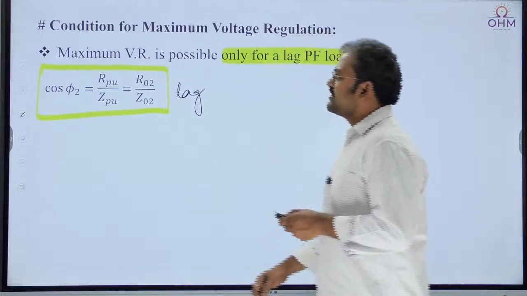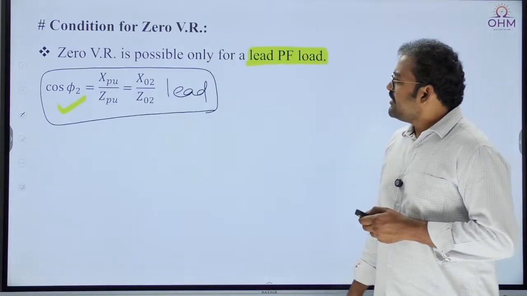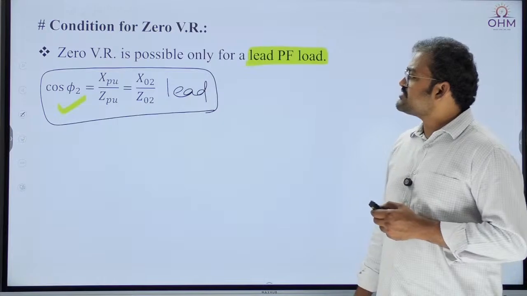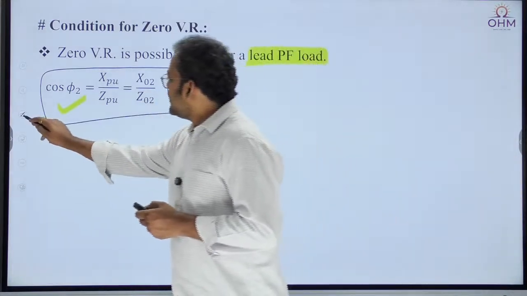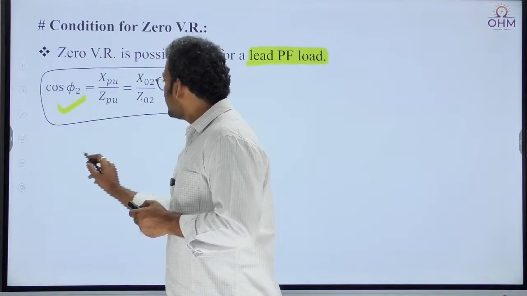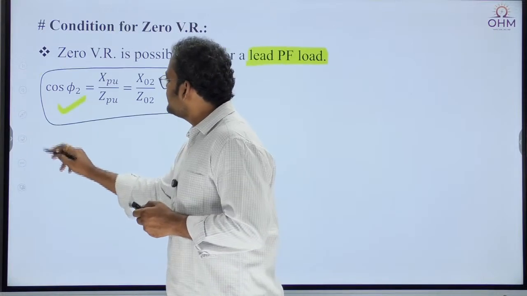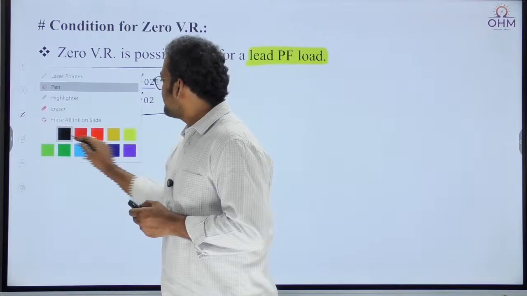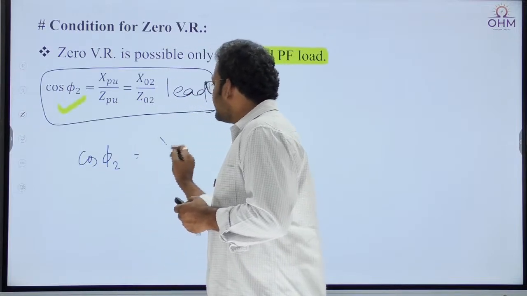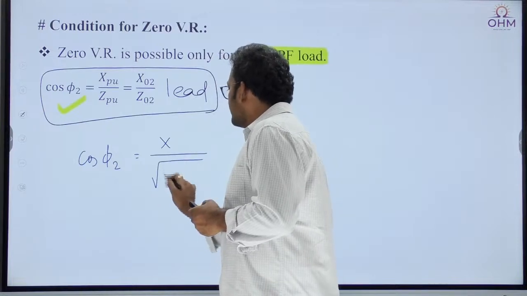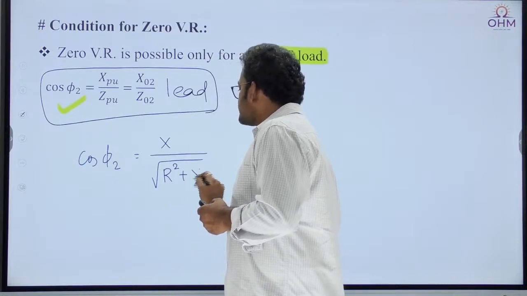Okay, lagging power factor. So for zero regulation, cos phi 2 is equal to X by Z. Can I write Z is equal to square root of R square plus X square?